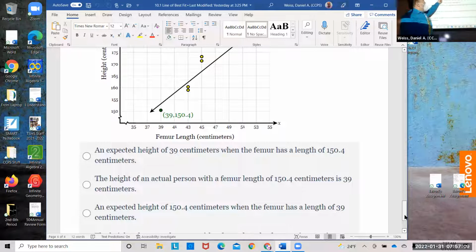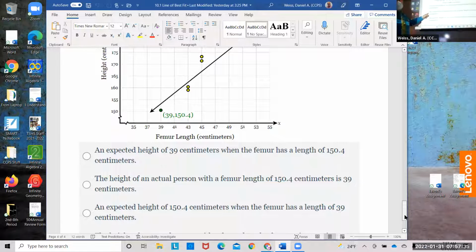Is it on the line or is it an exact fit? This one is an actual point, right? So it's going to be an exact. No. Height of an actual person with a femur length of 150? No, the femur length is 39, right?